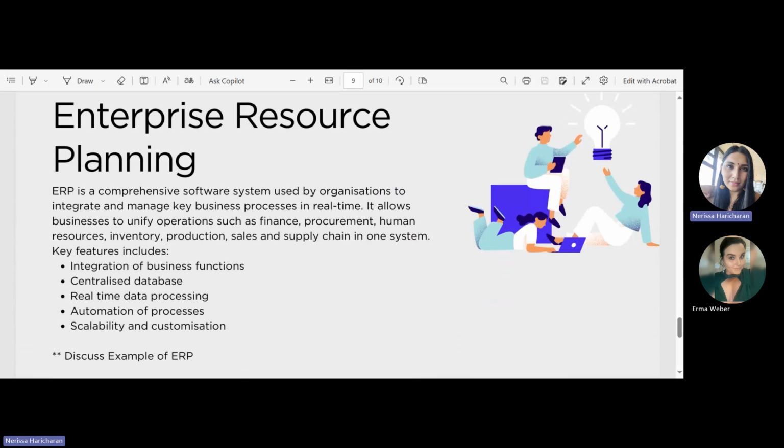Okay. So an example of an ERP system, consider a manufacturing company that uses an ERP system to manage its basic operations. Your sales team puts in an order for 500 units of a product. Okay, let's say it's caps. The ERP system automatically checks the inventory to see if there's enough raw material available.